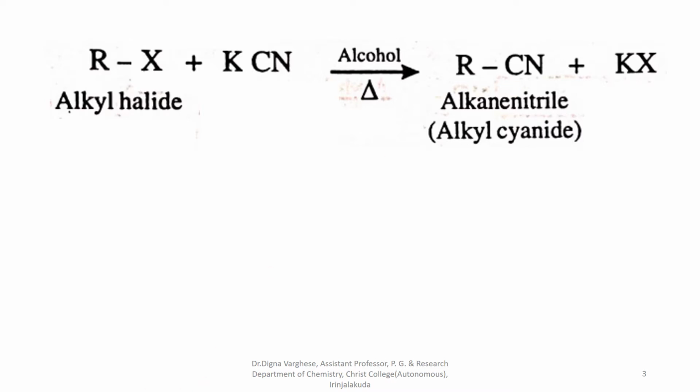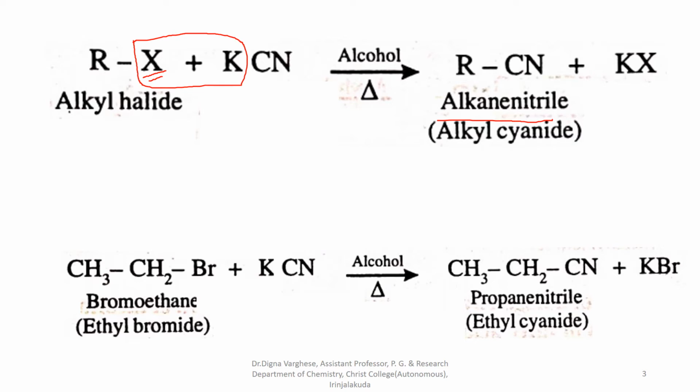When alkyl halide reacts with alcoholic potassium cyanide, the halide is eliminated and in place of the halide ion, the cyanide ion is substituted, forming alkane nitrile.